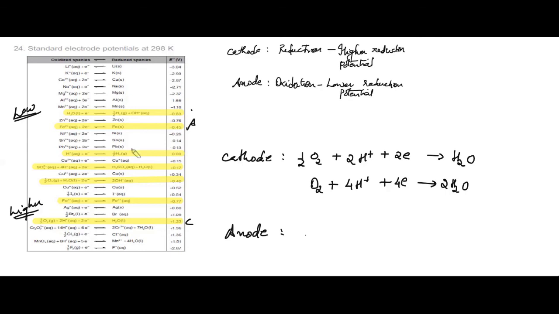When I flip it over, I get Fe solid gives Fe2+ aqueous plus 2 electrons. I have highlighted the anode and the cathode equation which I've chosen from this table.